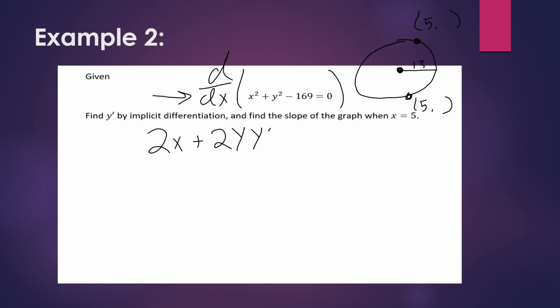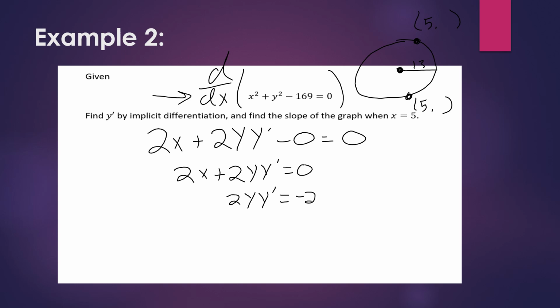The derivative of 169 is 0, and the derivative of 0 is 0. So this is 2x plus 2y y prime equals 0. So 2y y prime will equal negative 2x. Divide by 2y.